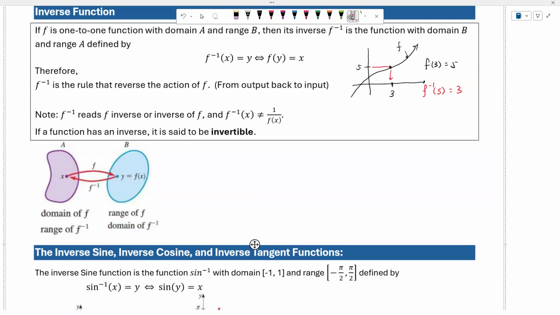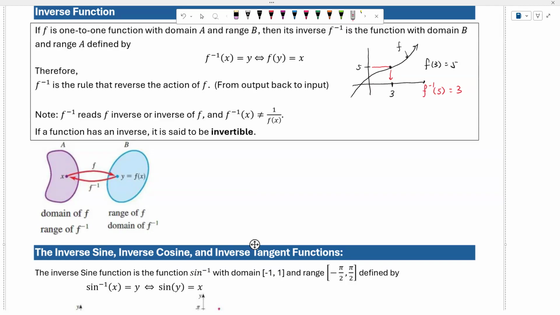Similarly, if y is the output of f, and we use it as the input and go through f inverse, we go back to x, which is the input.